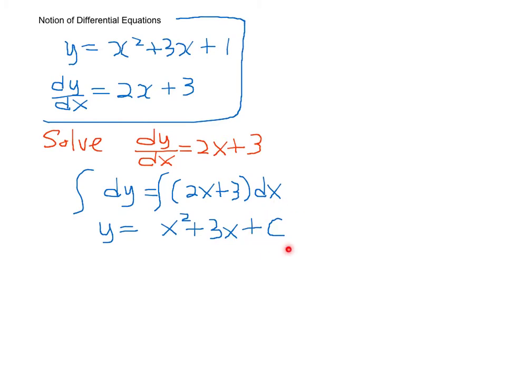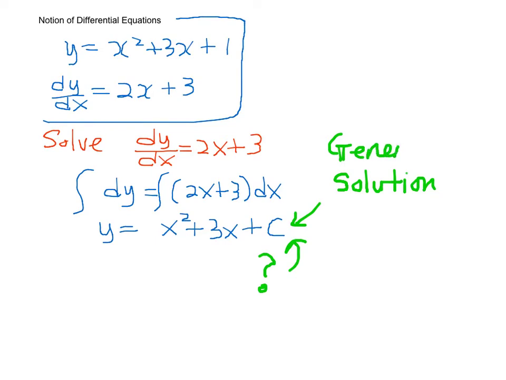Because you do not know what the value of c is, this is of course a solution to this particular question, and we have a name for this solution. It's called a general solution. The reason is we do not know what the value of c is at the moment, so this is a general solution to this problem.